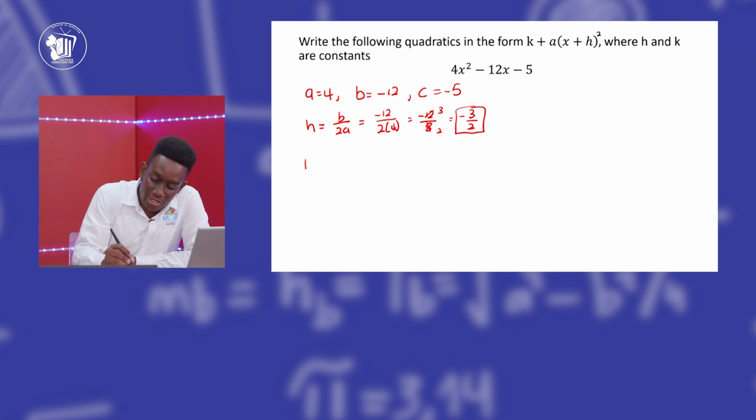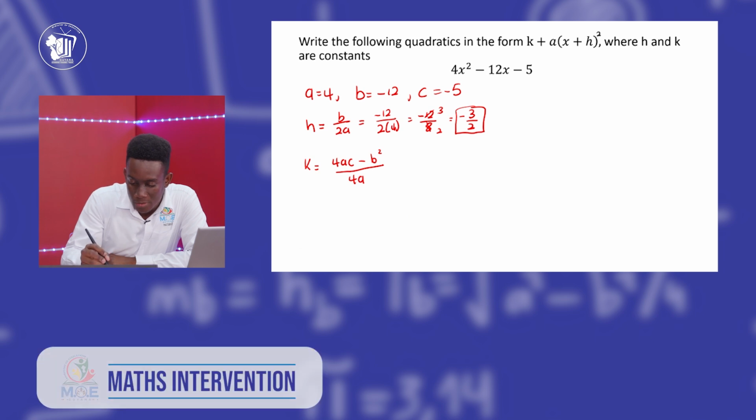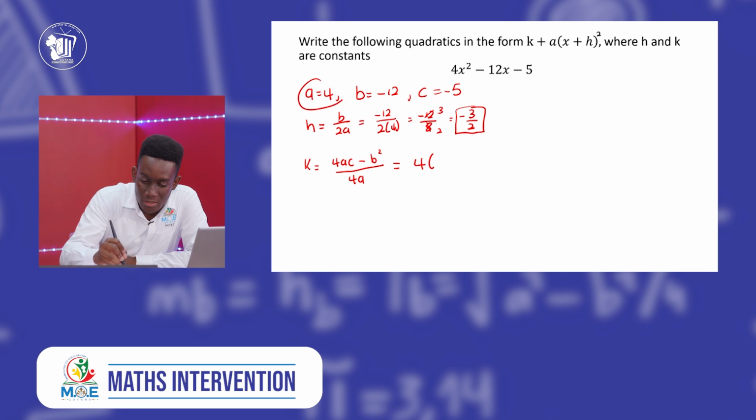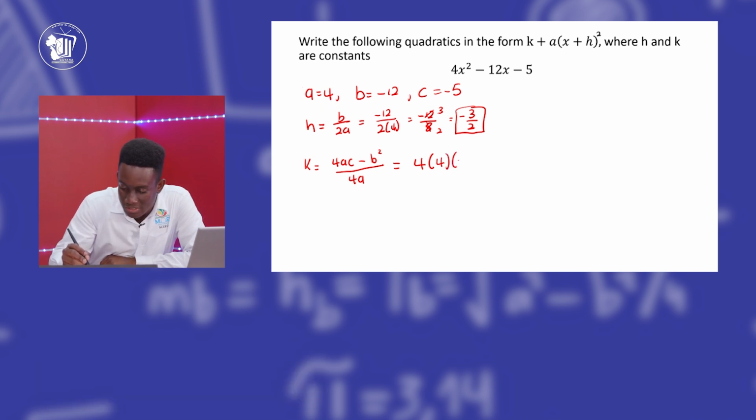So now let's find a value for k. We see k is equal to 4ac minus b squared, all divided by 4a. So k would be equal to 4 multiplied by a, which is 4, multiplied by c, which is negative 5, subtract b squared, which is negative 12 squared, all divided by 4 times a, which is 4.